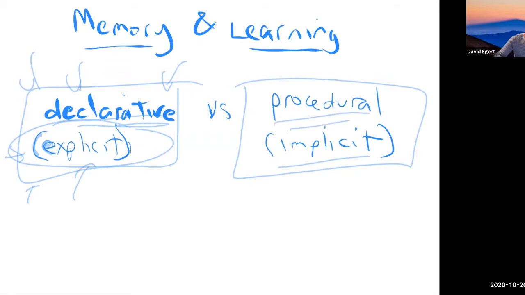Procedural or implicit is stuff that you learn, but you actually don't quite know that you know or that you have learned.